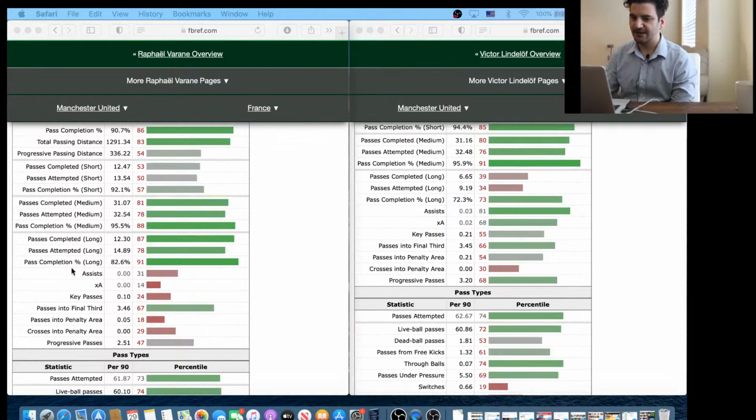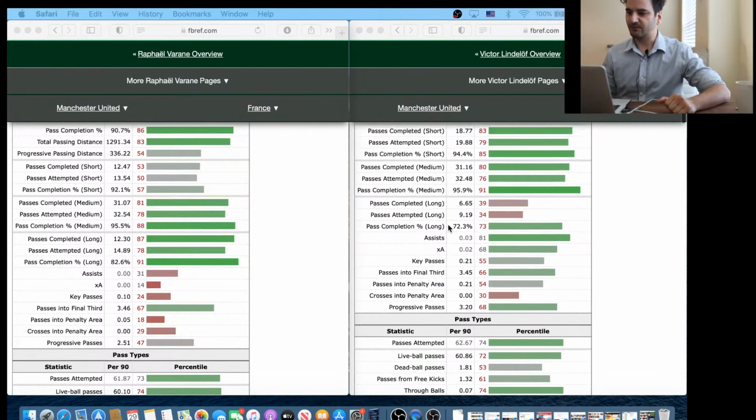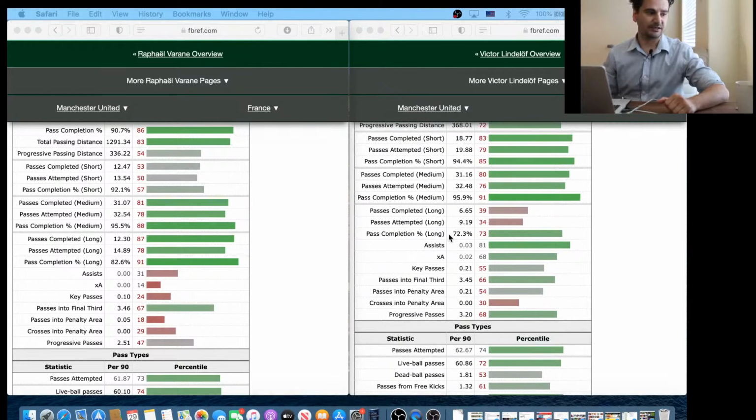Its pass completion long is 82.6 for Varane, which I'm telling you, each percentage is massive as far as displaying in a 90-minute game versus a whole year divided up into 90 versus 72. Now, we do know that Lindelöf is probably a decent passer.